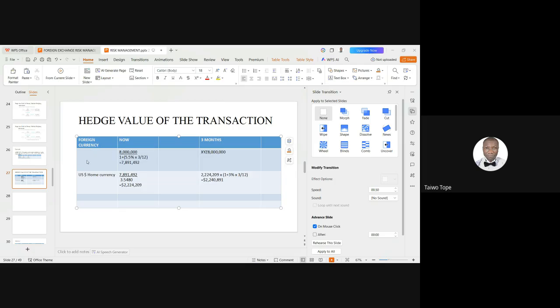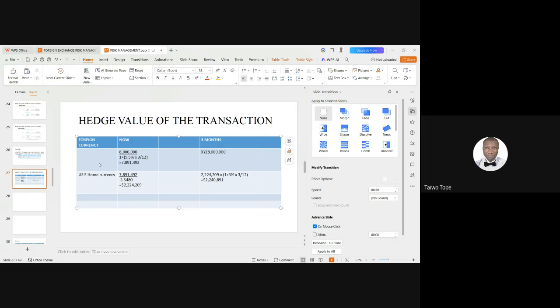It's 8 million divided by what? 1 plus R. Your R is the rate given to you in the question. Now, the borrowing rate in the foreign currency is given as 5.5%. This 5.5% is per annum, but you just need the borrowing rate for 3 months. For 3 months, it will be 5.5% multiplied by 3 over 12. And this will give you what?